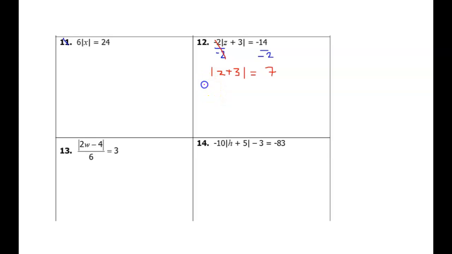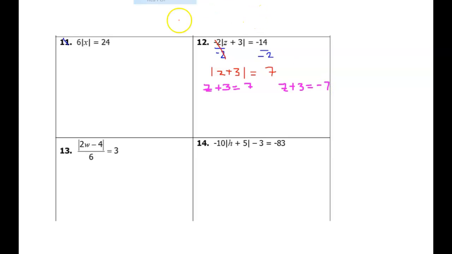So once you isolate, the next step, take whatever is inside out of the absolute value. That's a z. z plus 3 equals 7 is one of the things that I have, but then I also have to set z plus 3 equal to negative 7. And then we got two equations to solve, all right?